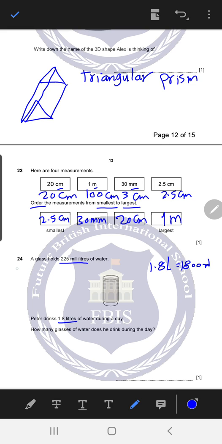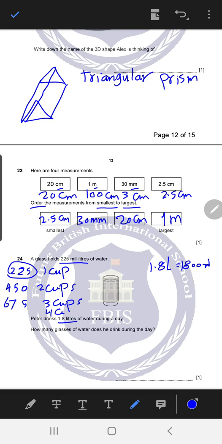Then we will start adding. 1 cup is 225. 2 cups, we will multiply this number by 2, it will be 450. Then 3 cups will be the first number, 225 by 3, which is 675.